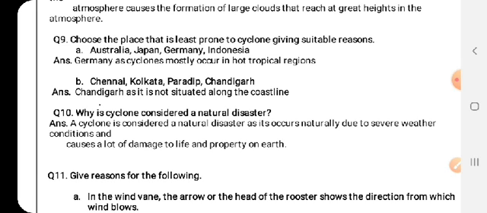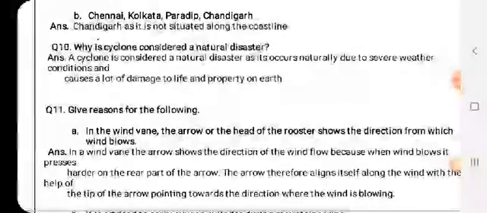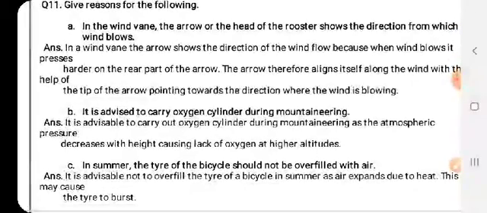Cyclone hits only near the coastal areas which are near the ocean or seas. But Chandigarh is not situated at the coastline, so this is the least prone among these. Next is, why is cyclone considered to be a natural disaster? Because cyclone causes loss to life and property, right? So that is why we call it a natural disaster.